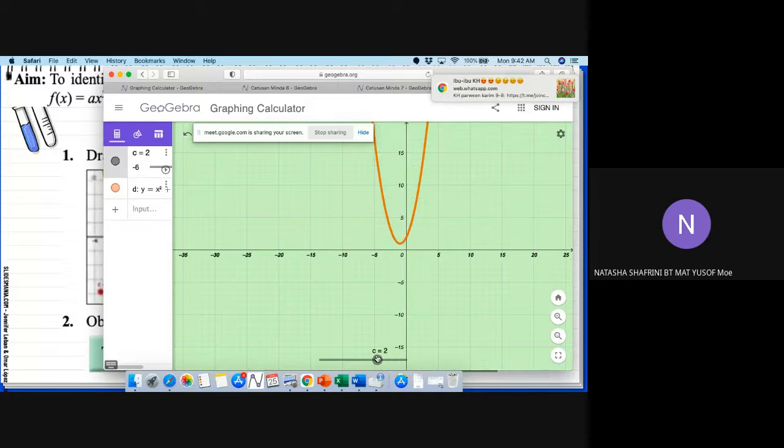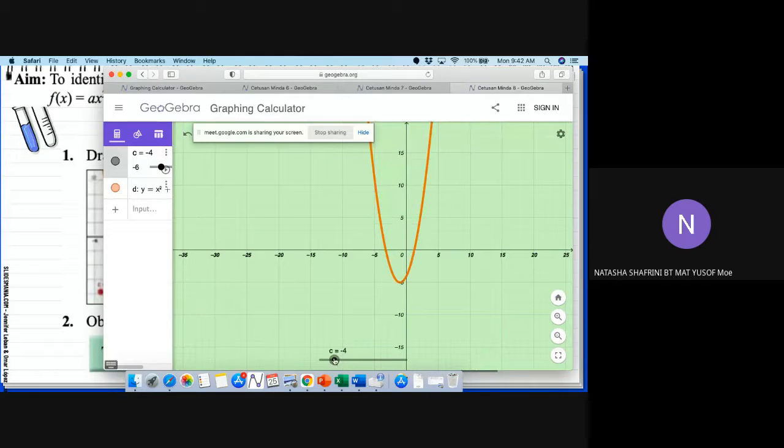Higher. Okay, sekarang cikgu daripada kosong ni, cikgu turunkan jadi negatif. Okay, so apa jadi? What happened to the graph? Lower. Tengok betul-betul ni region dia tidak mengubah size.